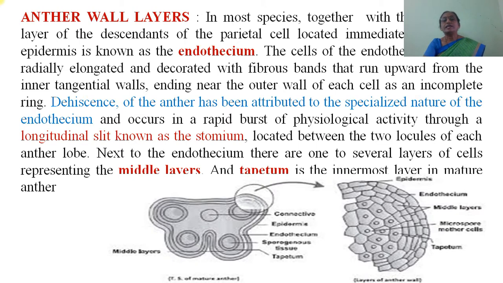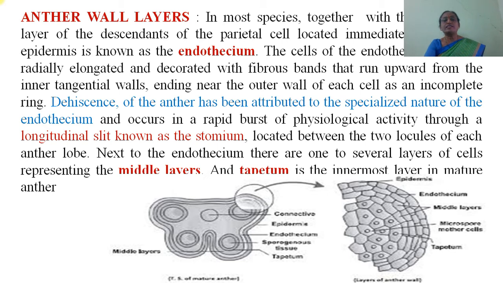anther wall layers. In most of the species, together with the epidermis, a layer of descendants of parietal cells located immediately below the epidermis is known as the endothecium. The cells of the endothecium become radially elongated and decorated with fibrous bands that run upward from the inner tangential wall, ending near the outer wall of the cell as an incomplete ring.